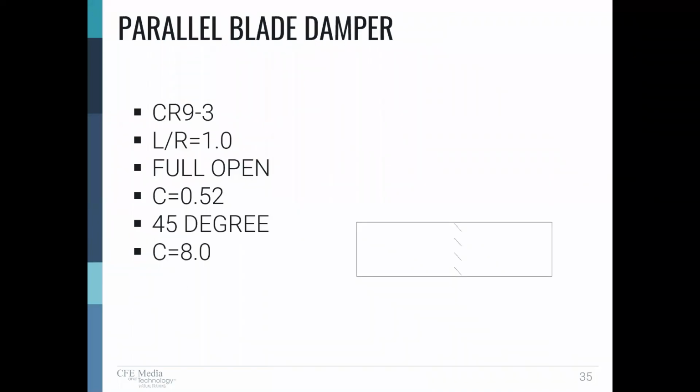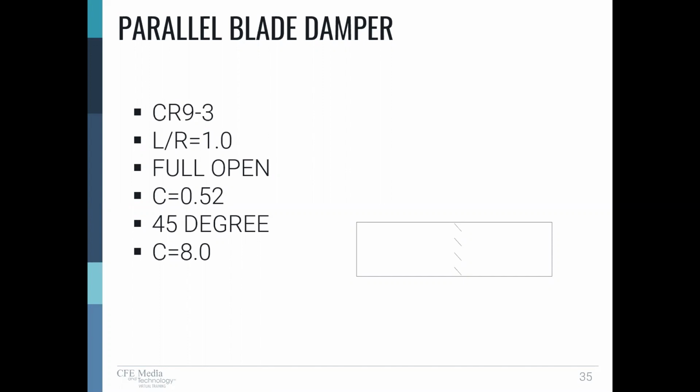Now we're going to get to the dampers. You're going to see why dampers are so detrimental on air distribution systems. This is a parallel blade damper. Its design is CR9-3. The length over the radius is 1.0.